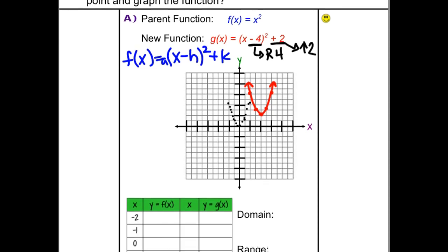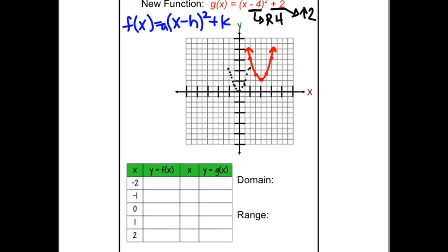You can use the table if you wish and fill it in and say, okay, in that case then this goes where x goes right 4. So remember, this would be 4, 1, 0, 1, 4, and we would go right 4 with all our x values, so this would be 2, 3, 4, 5, 6, and then these will go up 2, so 6, 3, 2, 3, 6.